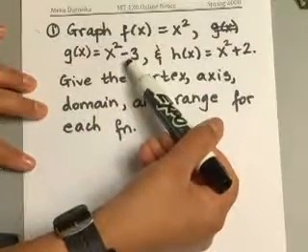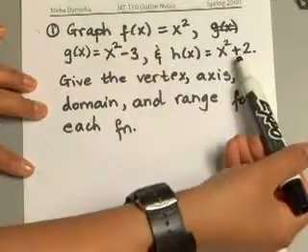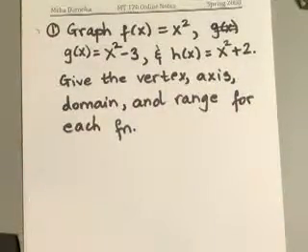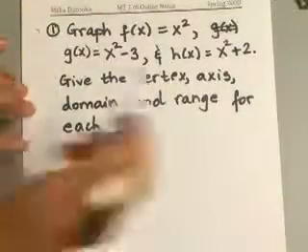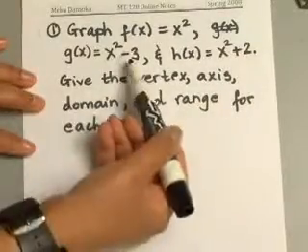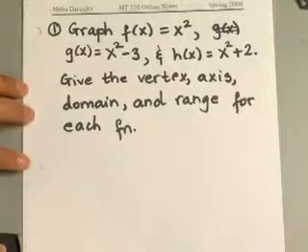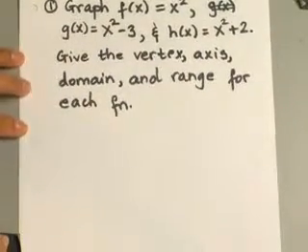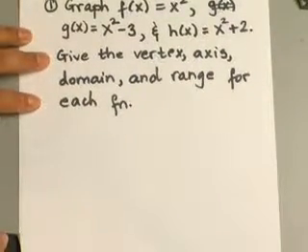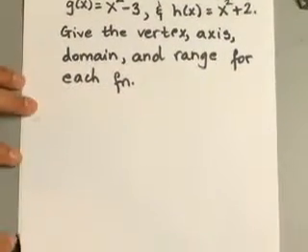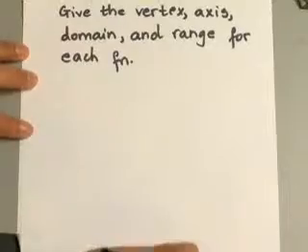The other one has a negative k, and in the last one, we have a positive k. So again, remember, positive k should take us 2 units up because it's a positive 2, and negative 3 will take us 3 units down as per our vertical shift here. After we're done graphing, we're also going to try to find the vertex, the axis, the domain, and range for each of these functions.